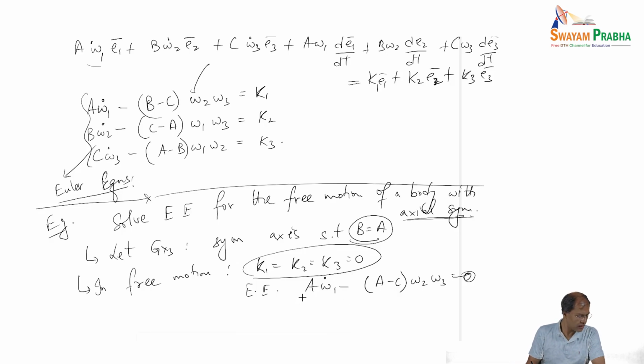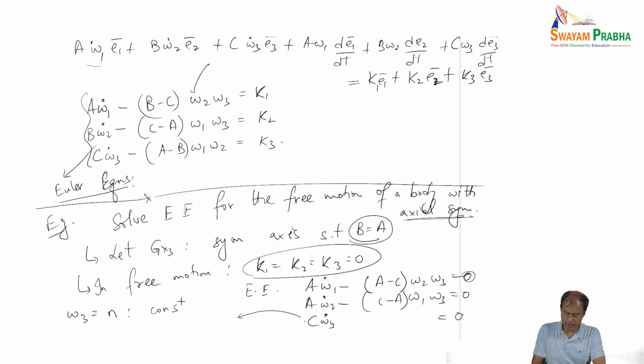So we can similarly write the other two equations. So a omega 2 dot minus (c minus a) omega 1 omega 3, this is 0, and c omega 3 dot is equal to 0, and from the last equation we get that omega 3 is a constant, which I will call n.